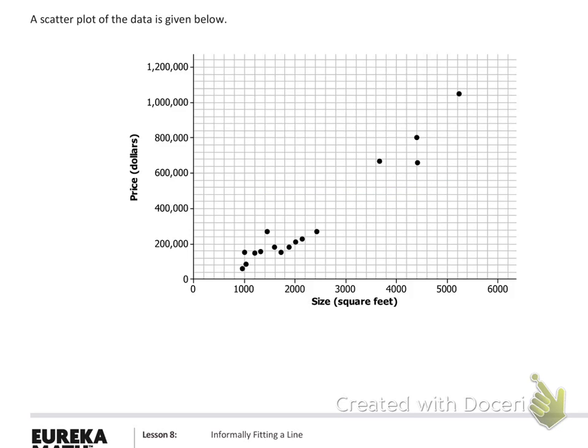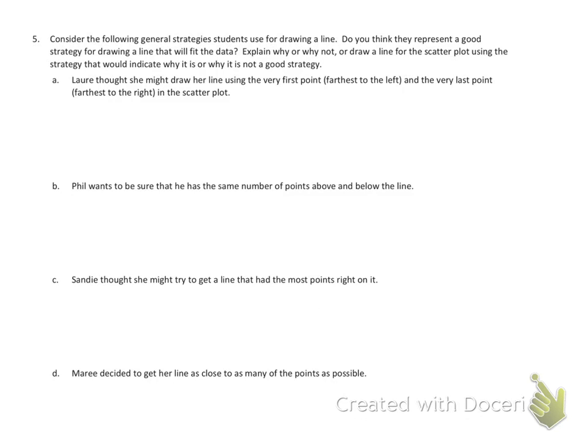Maybe right here might give me about the same number of points above and below, but that's definitely not a good line to fit this data. And so that strategy alone could also backfire on a person.